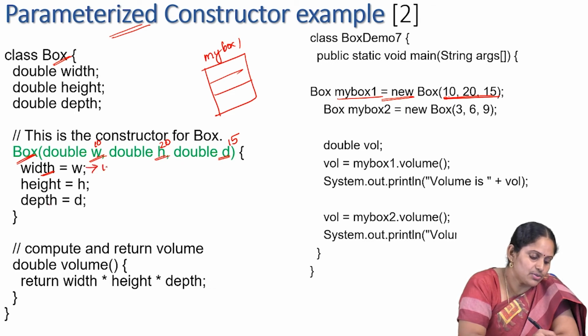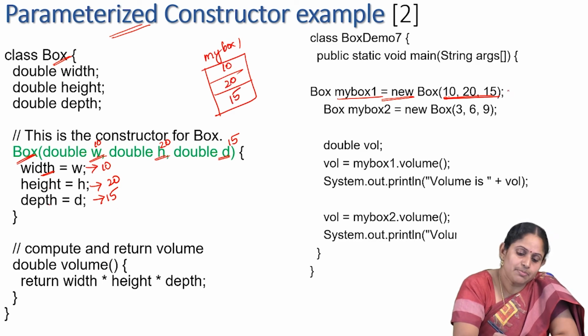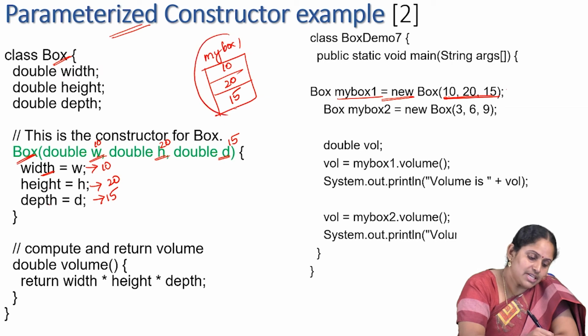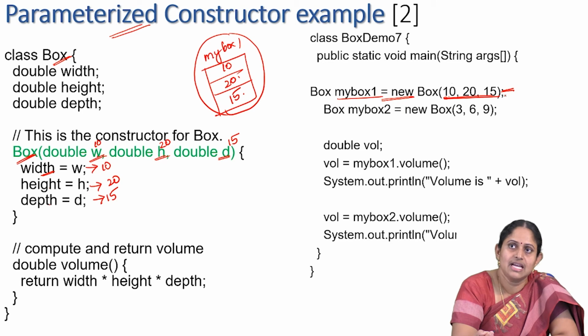So this will store 10, this will store 20, and this will store 15. So at this point, we will create an object, my box 1, with 10, 20 and 15 as its values. So here this is making use of a parameterized constructor.